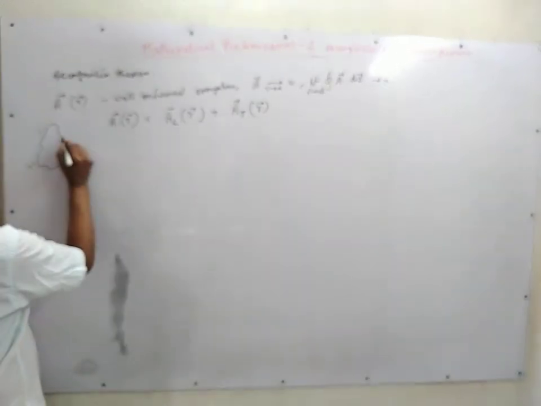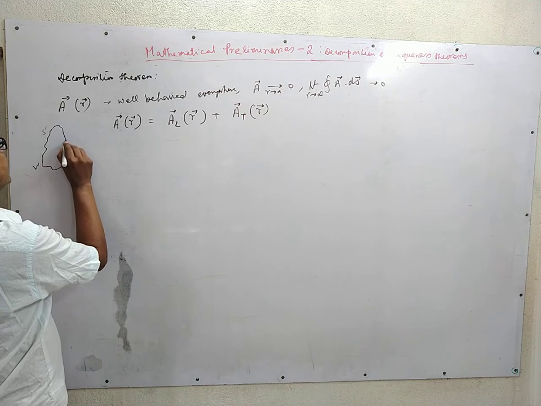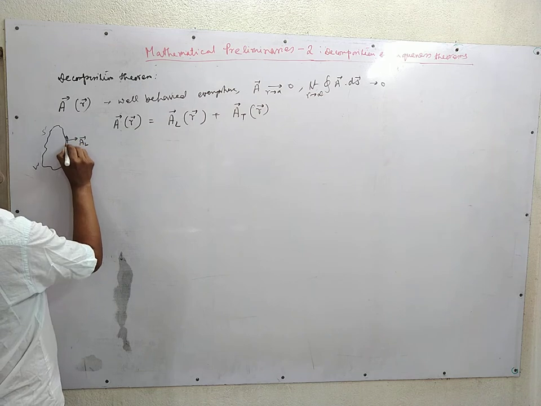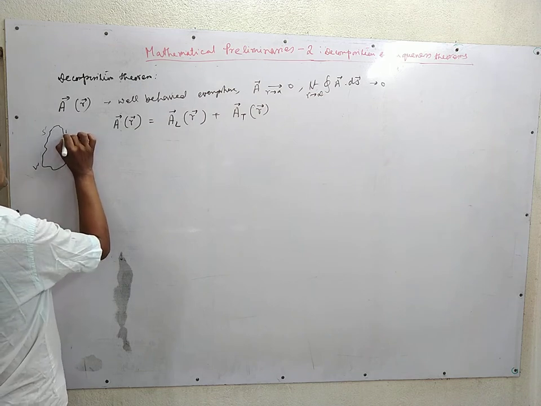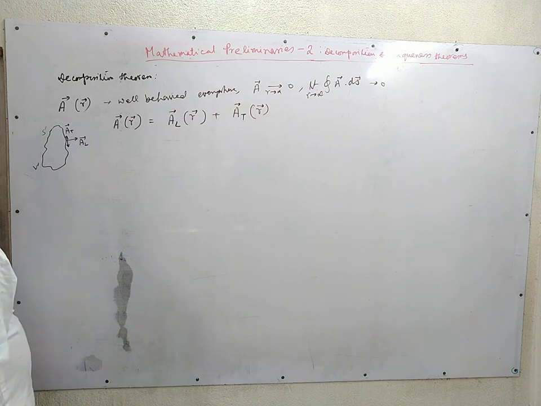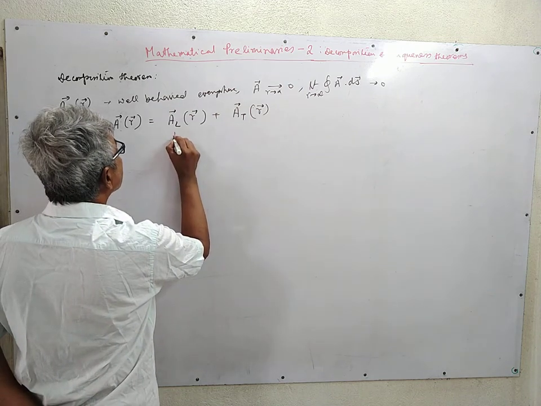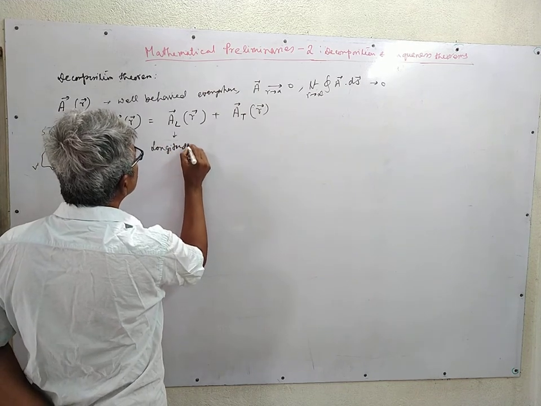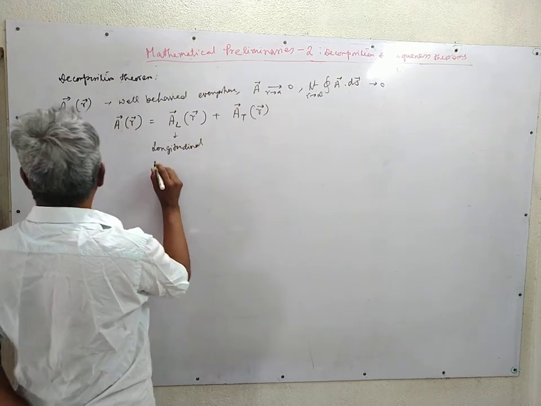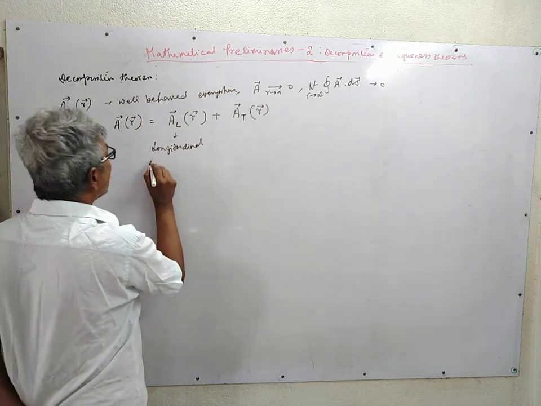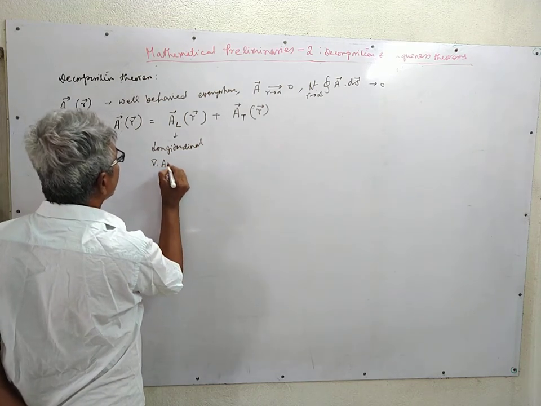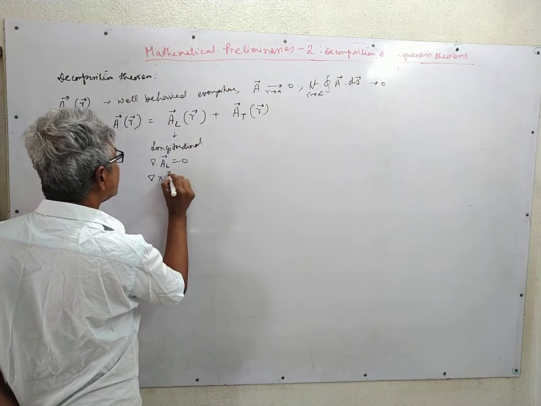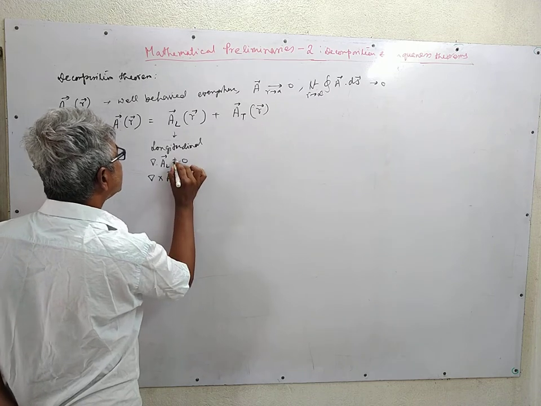This is the longitudinal component of A, while this gives you the transverse component of A. Obviously for the longitudinal component, divergence of A_L is not equal to 0, but since it has no circulation, curl of A_L has to be 0.